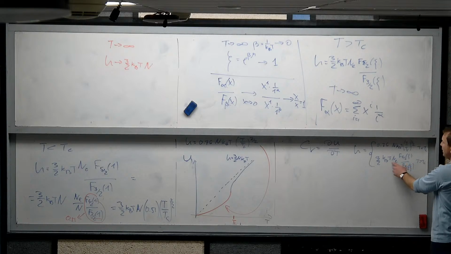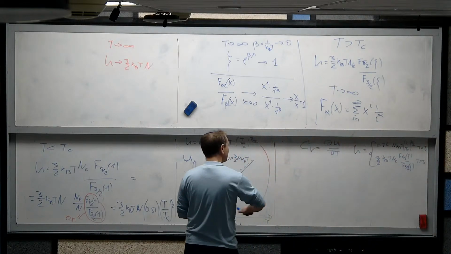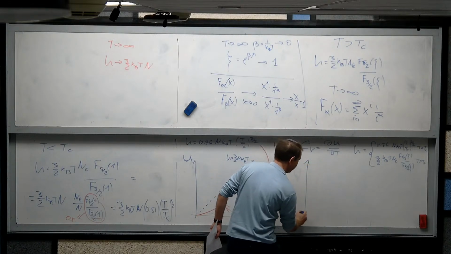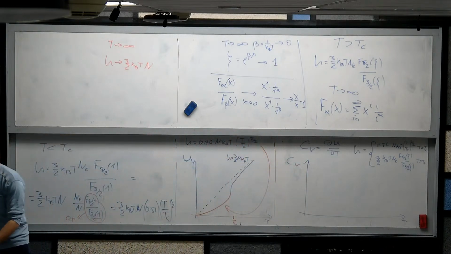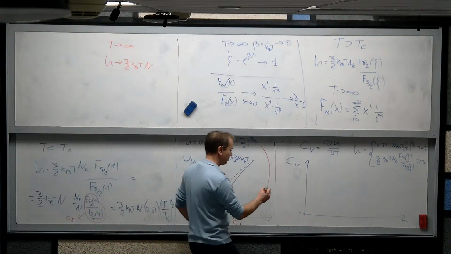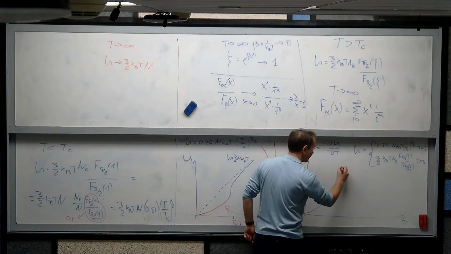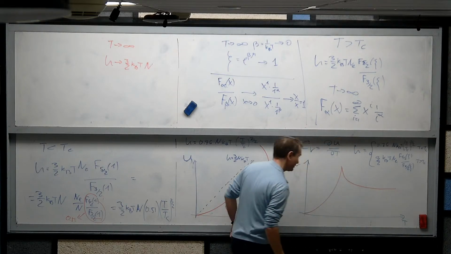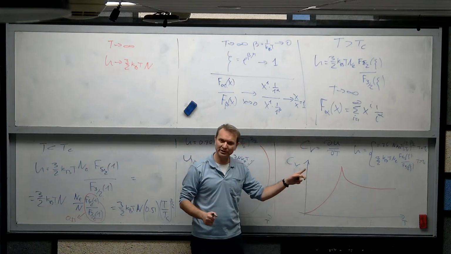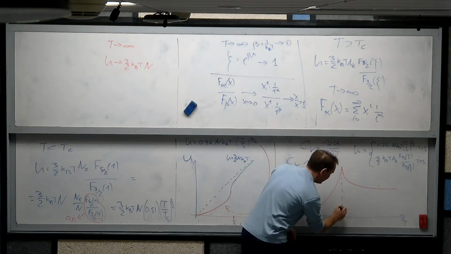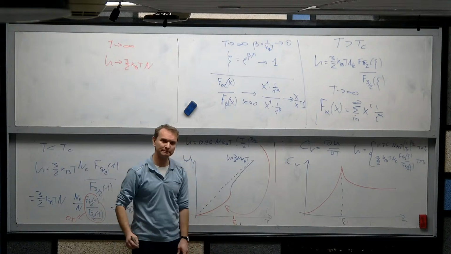And we know that when n excited multiplied by this prefactor, it has to converge to the total number of particles in the large temperature limit. Okay, so when you take the derivative of this guy, you obtain a spectacular behavior. This peak, not a little peak, occurs at the critical temperature.